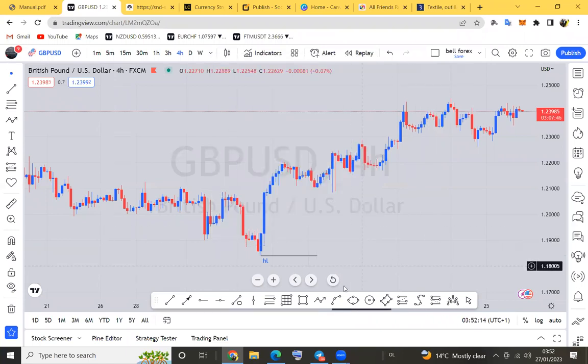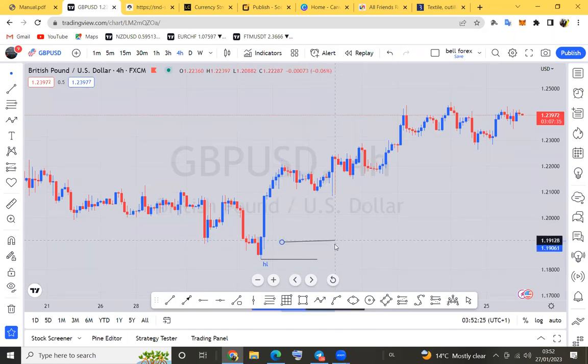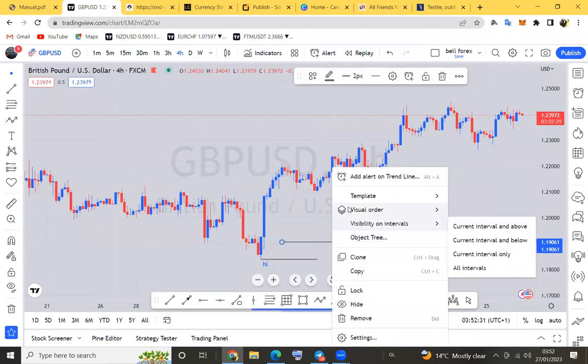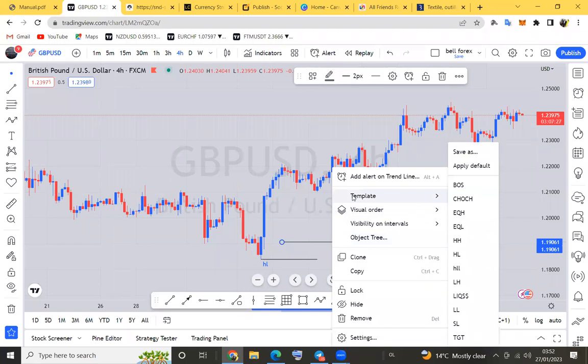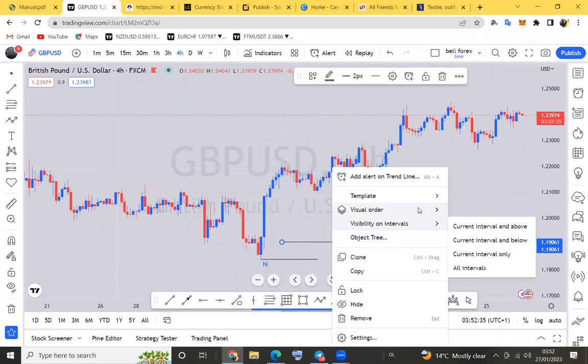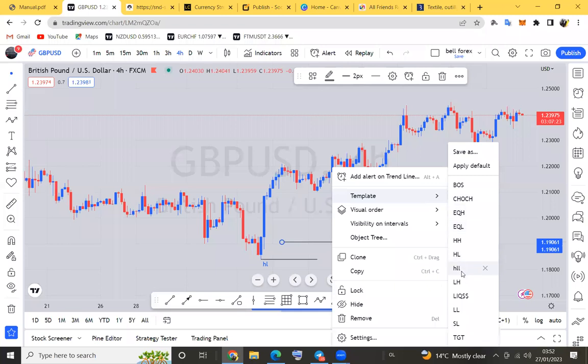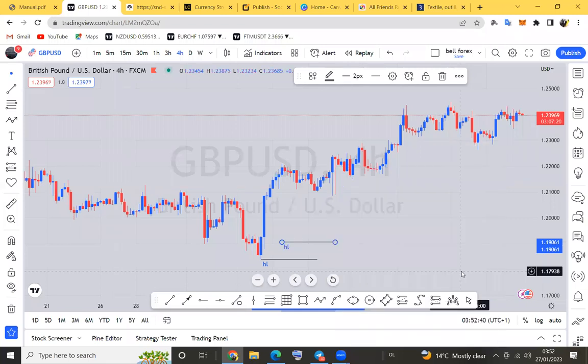It means that the next time I draw such a line for the purpose of a higher low, once I've drawn my straight line, I may not have the time to go and be writing on this line. So I'll just right click on my mouse, go to template, and select the template that I created for that, which is HL, and click.